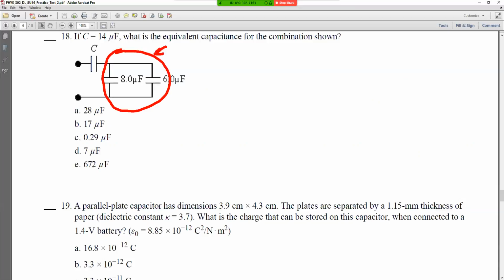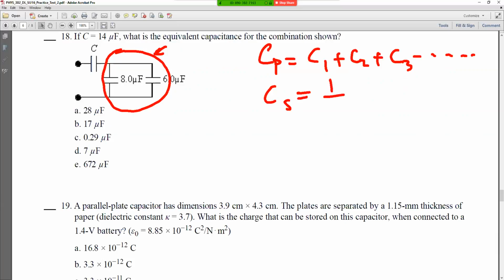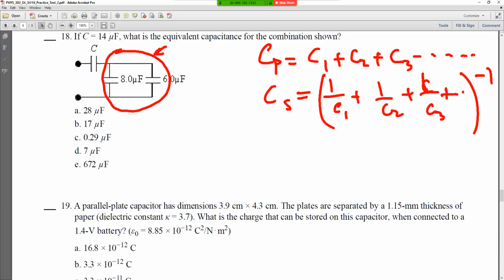And the way you add capacitors in parallel is you just add them. So C parallel is just equal to C1 plus C2 plus C3. And then for series, you take the reciprocal of 1 over C1 plus 1 over C2, to the minus 1. Okay, those are the two equations.